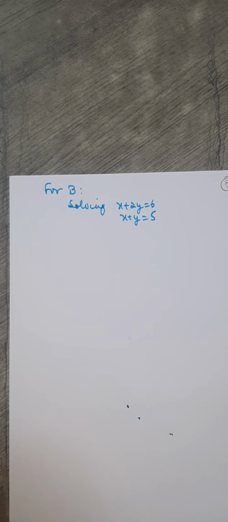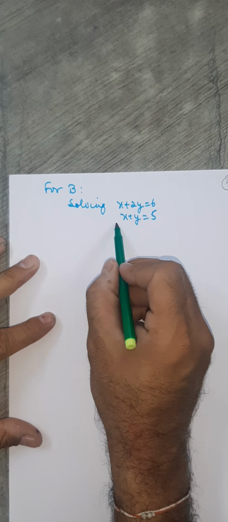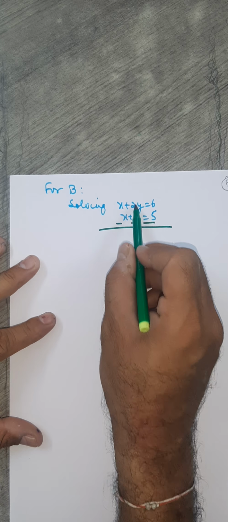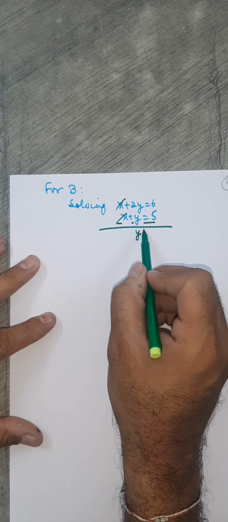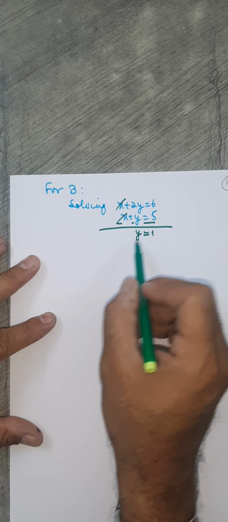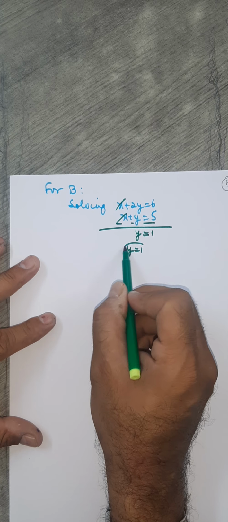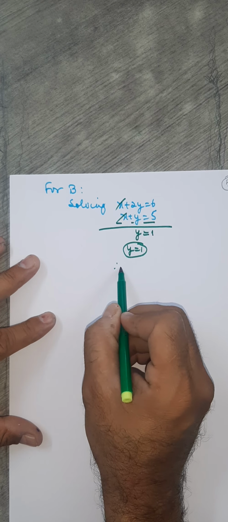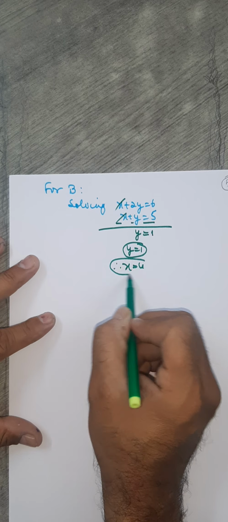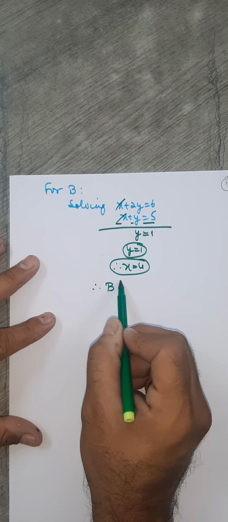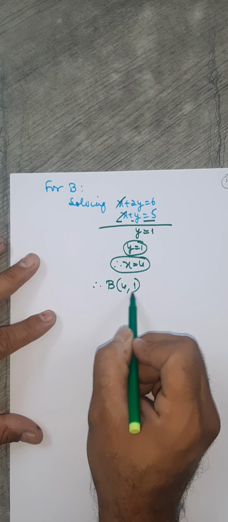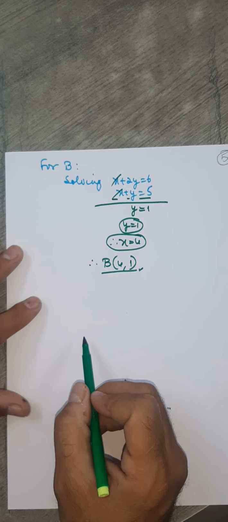We just solve these two equations. I'll put the minus sign here, so x will get cancelled. I get y equals 1. If y is 1, put it in any one of these two, so x will be 4. And therefore B will be (4, 1).